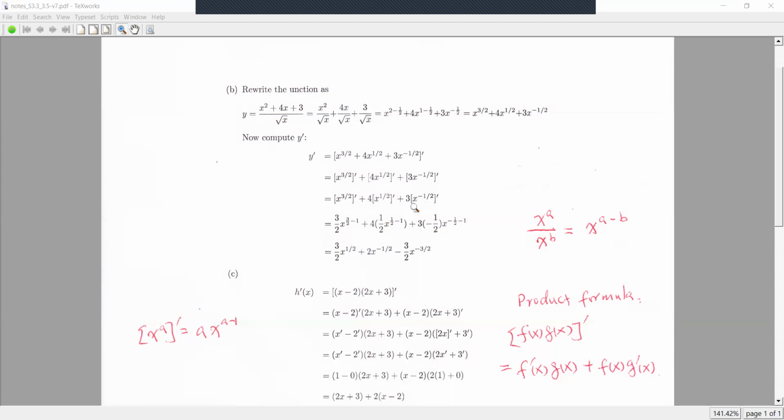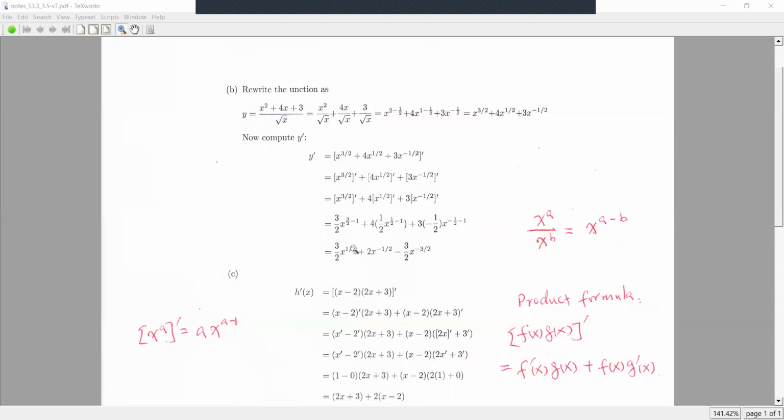Derivative of the power function x to negative 1/2 is negative 1/2 times x to negative 1/2 minus 1 by the same formula. Now simplify this expression.